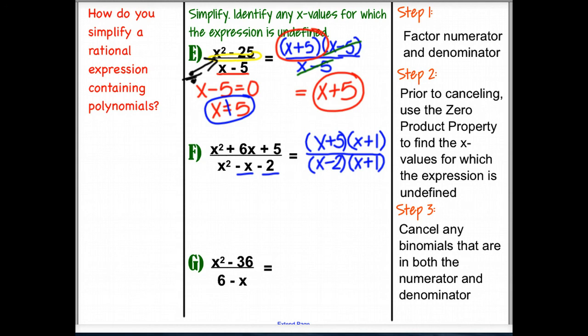So I look here, and according to the zero product property, if x plus 1 equals 0 or if x minus 2 equals 0, it makes the expression undefined. So if x minus 2 equals 0, that means that x is 2, so x cannot equal 2.